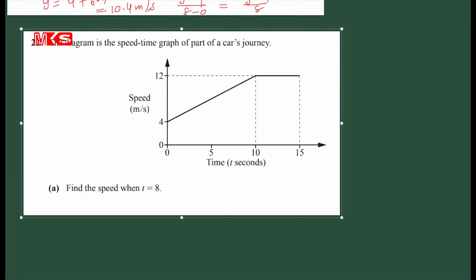The other way of doing this question is, if I draw a straight horizontal line here, and then assume there is 8, and in this case I am taking this y, only this part.